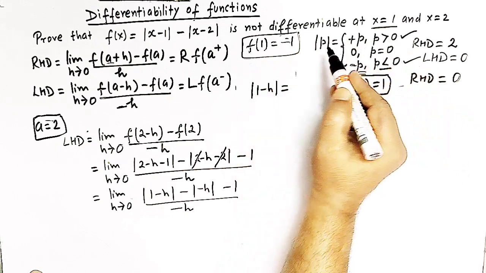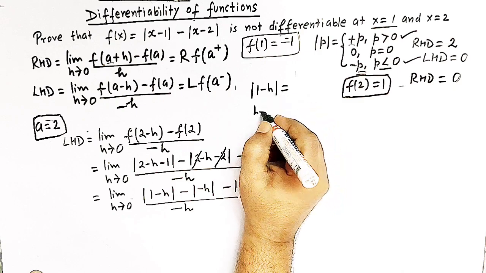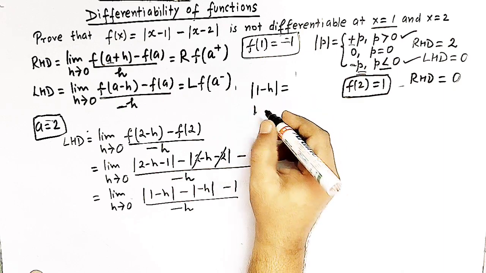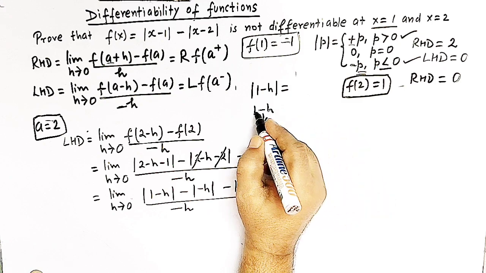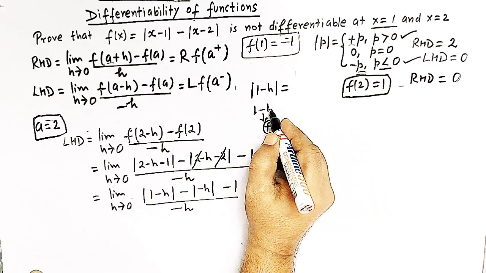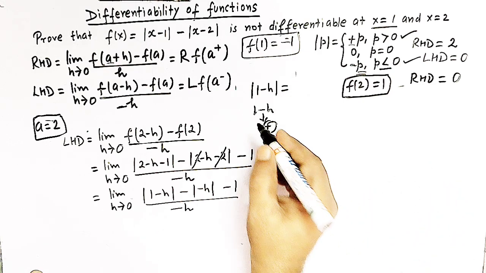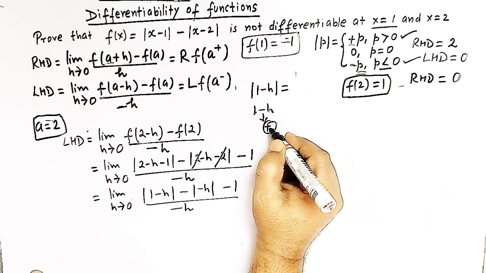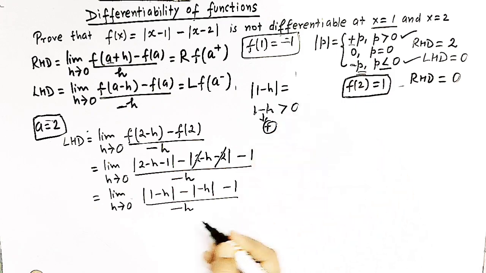Now again due to this definition, now see 1 minus h. 1 minus h is going to be a positive quantity, because 1 is greater than h, right? And h is a positive quantity, so 1 minus h is always going to be positive, that is 1 minus h is greater than 0.